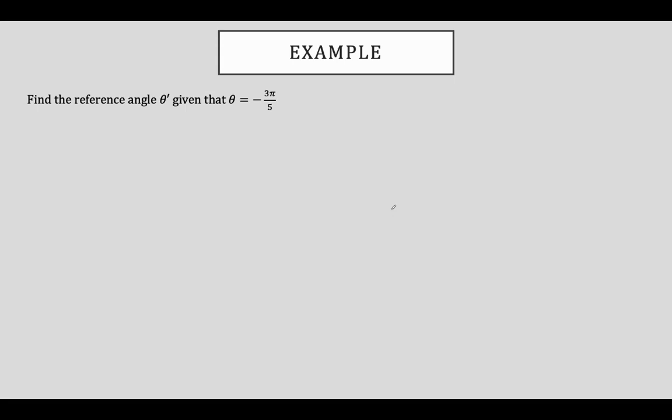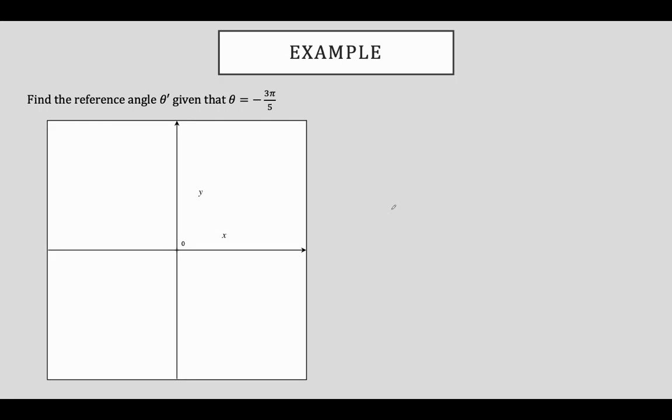And one more example here of finding a reference angle. Find the reference angle theta prime given that theta is equal to negative 3 pi over 5. Again, always super helpful with these trig problems to draw out a picture. We need to rotate through an angle of 3 pi over 5 radians in the clockwise direction.